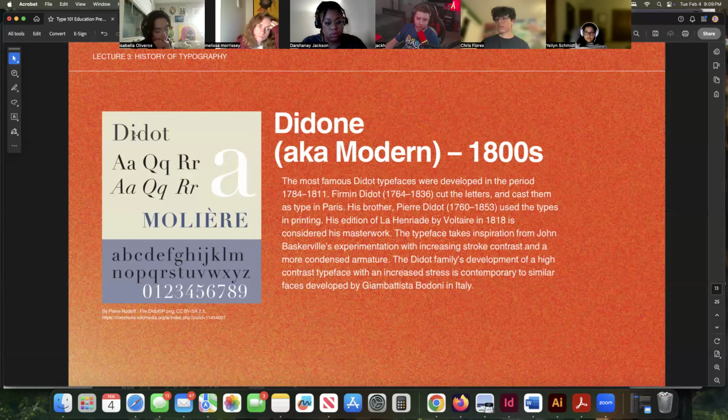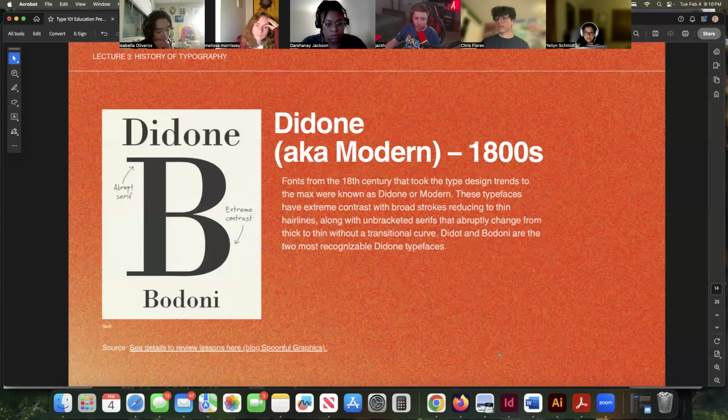So as you can see, it's much more upright and there's more contrast between the two, and then they start making a whole family of them. Bodoni, that's the way you say it, Bodoni, aka modern, 1800s. Fonts from the 18th century that took the type design trends to the max were known as Didone or modern.